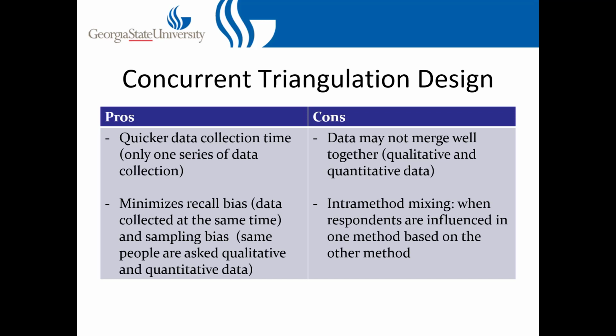I want to take a minute and explain what recall bias is and what sampling bias is. Recall bias is the difference between what actually happened and what you remember happening. So if I ask you right now, what did you have for breakfast this morning? You could probably tell me. But if I ask you, what did you have for breakfast two weeks ago on Wednesday?